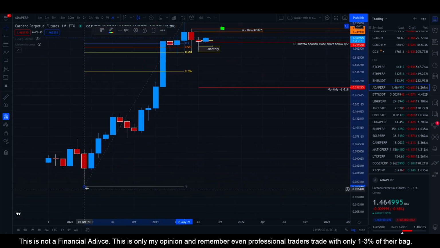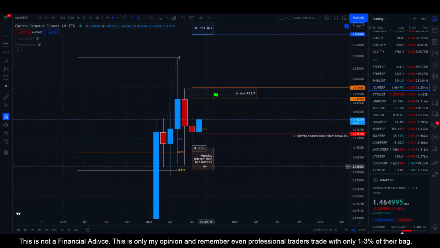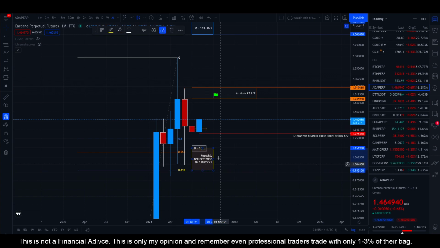We could actually measure this whole move here, and you could see that this is your master GP right here. So this yellow box is a very important level. A lot of liquidity is waiting for the price in this zone right here.